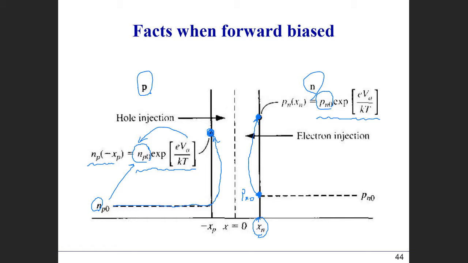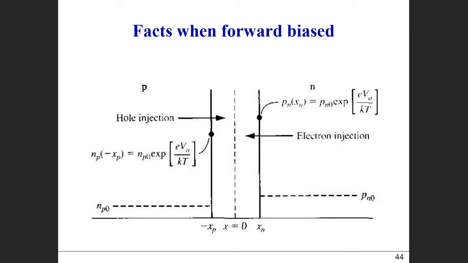So now, before we move to the next slide, I have a question for you, okay? Let's say I draw the minority carrier concentration in such a way, showing in this graph, you have a P side, N side, and then you have a minority carrier concentration level shown this way, okay?